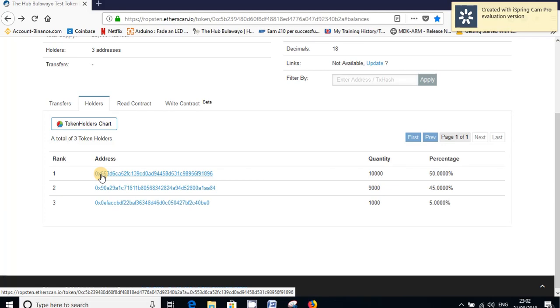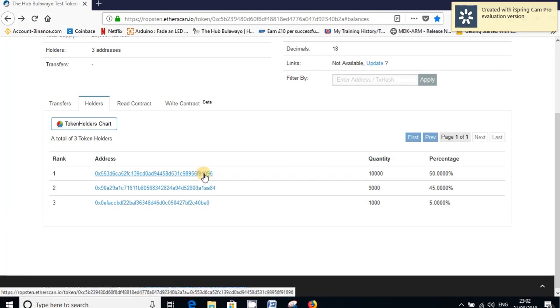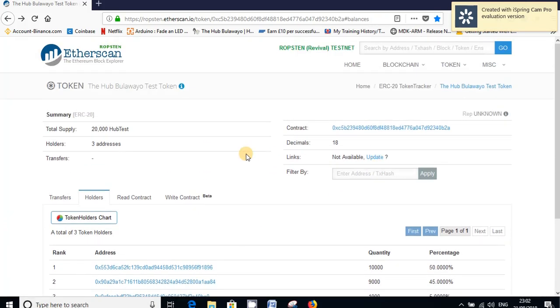It's just a mere address, so it doesn't say Claudius sent 5,000 tokens to Novotel or anything like that. It would just have my address, and unless you know my address letter for letter, you wouldn't be able to know who owns the wallet behind that address. So that's the good thing about it.